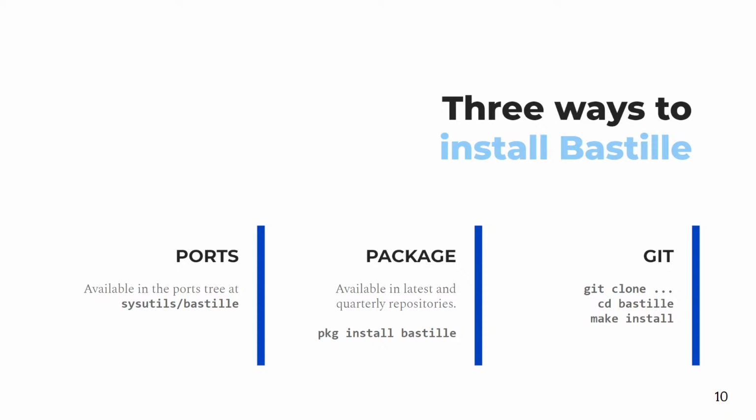And this Git method is actually one that I use quite a bit. I generally intended this one for developers and people who want to test the latest stuff, that kind of thing. But you can also use this as a regular install method. I think it's fairly clean. You can do a make install and a make uninstall and remove it cleanly.